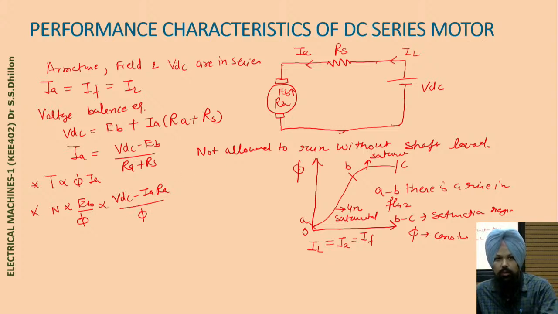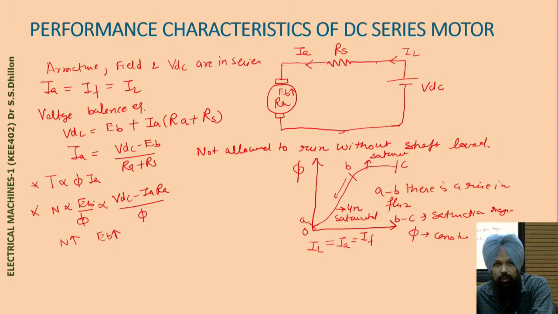Now see here, if we have the light load condition, or we don't put any load on the shaft of the DC series motor, what will happen? Its flux lies in the unsaturated region and it is coming back, because as the motor speed picks up to a higher level, its back EMF also starts rising.